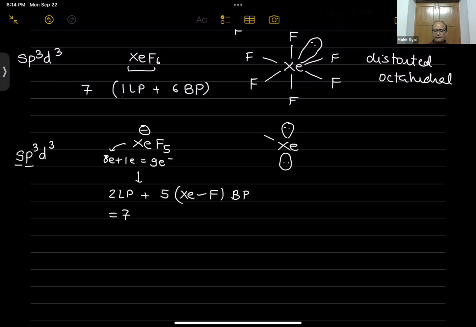Okay. And the 5 fluorine atoms are going to get arranged in the plane. So what is going to be the shape of this molecule?